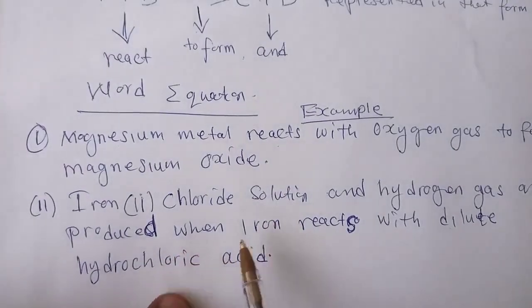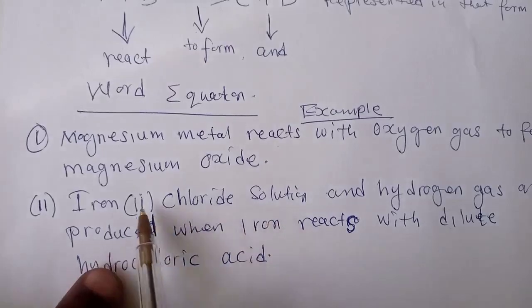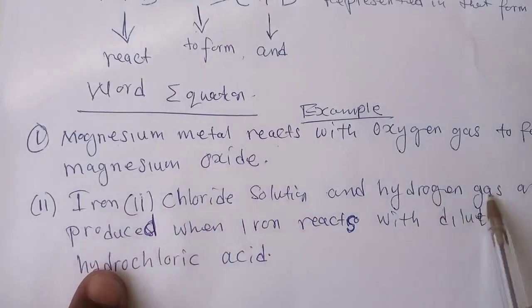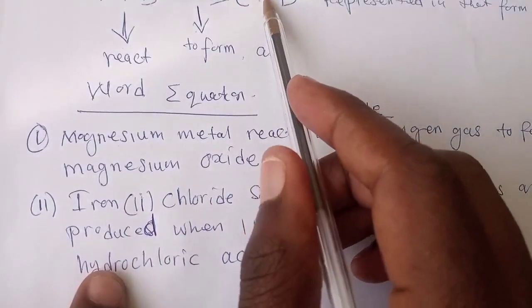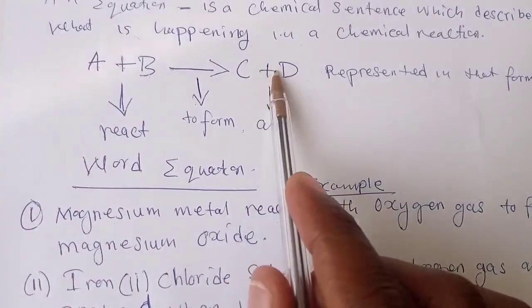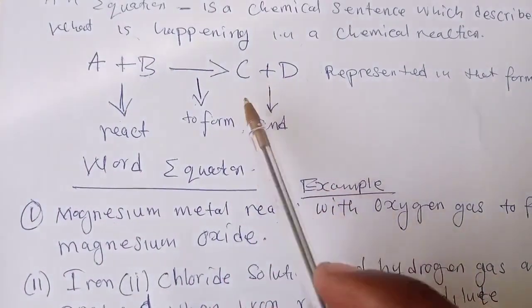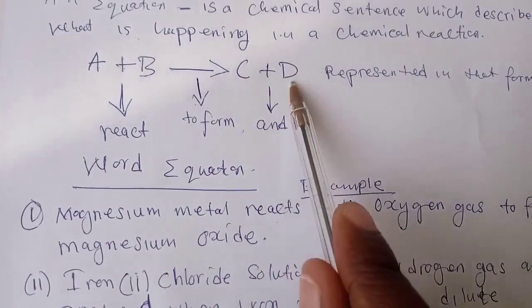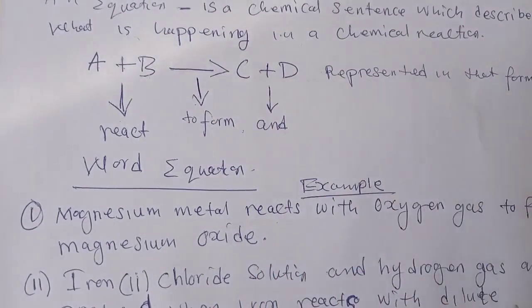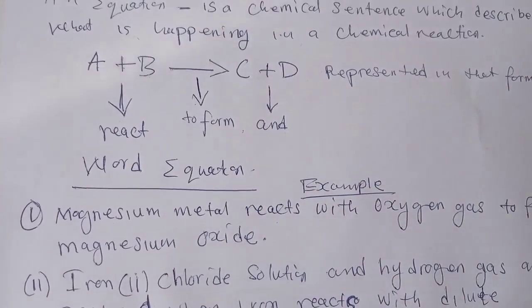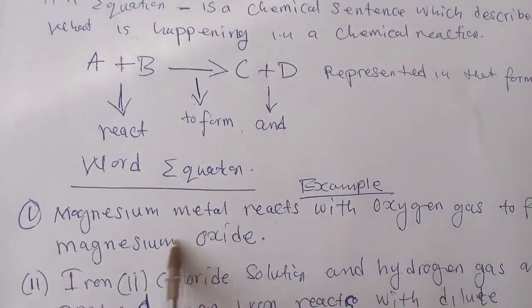When these two react, they are going to produce iron 2 chloride solution and hydrogen gas. This is how you are supposed to know a word equation.